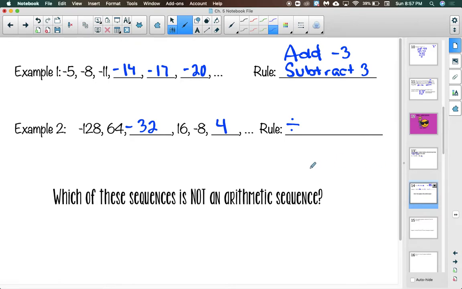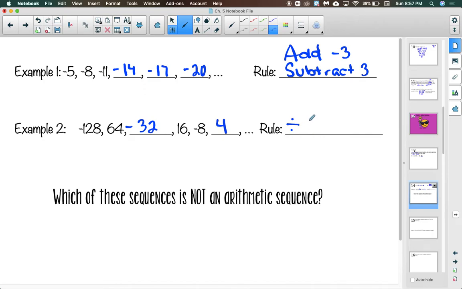We can tell it's a division rule because our numbers are getting smaller and they're flip-flopping those signs. The only way our signs can go back and forth, positive, negative, would be if we were doing a multiplication or a division problem. Because you remember multiplying a positive times a positive is a positive, but a positive times a negative gets us a negative, and that can cause our signs to change.